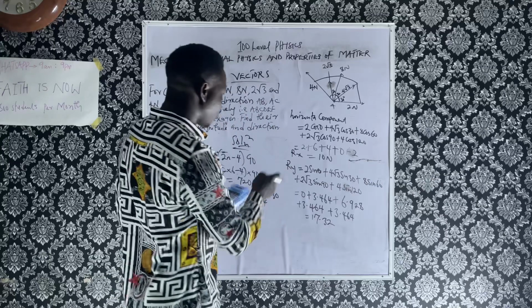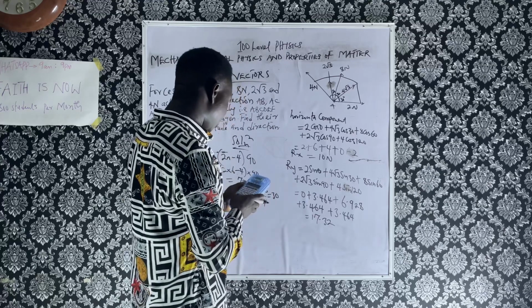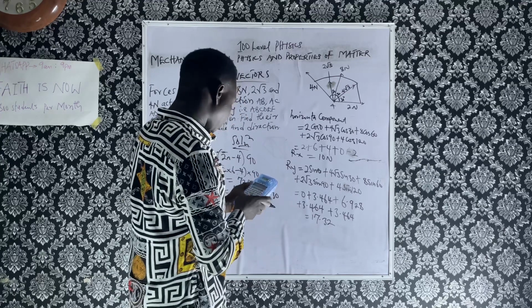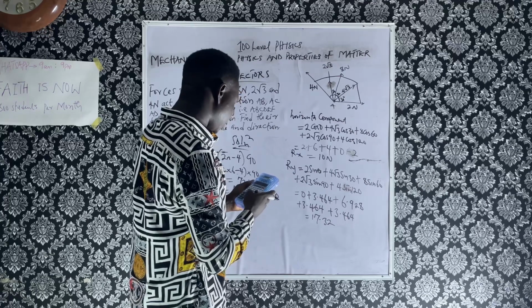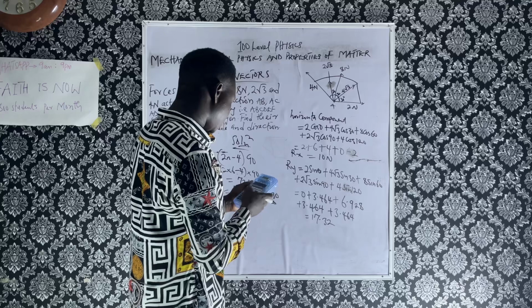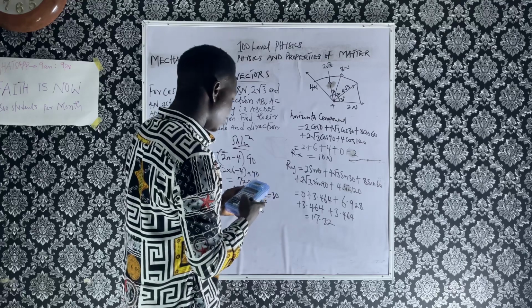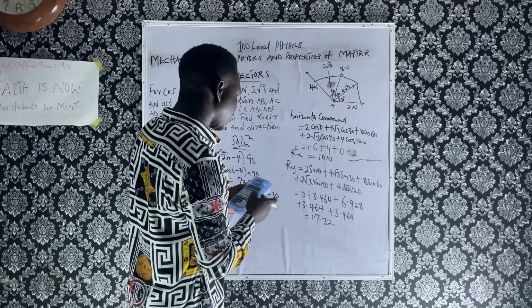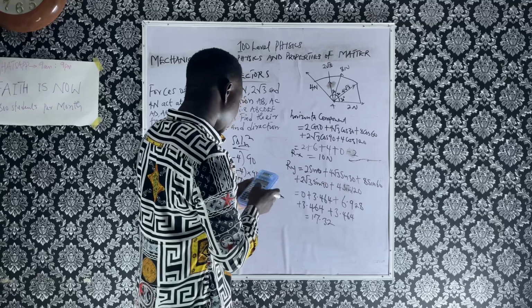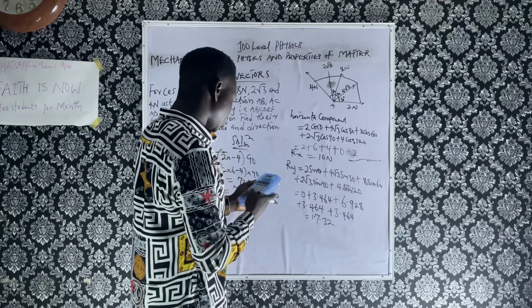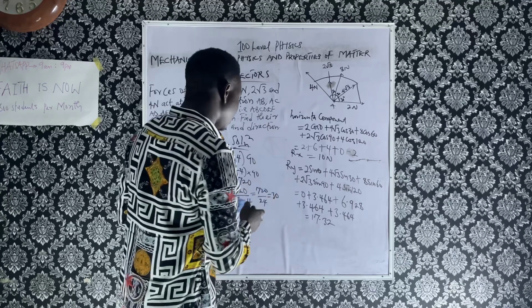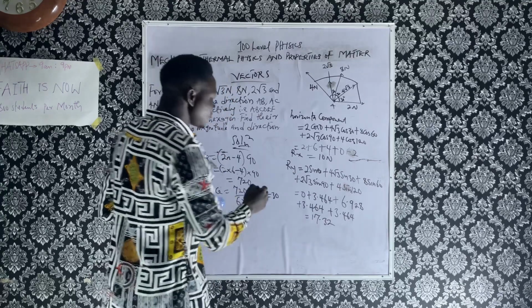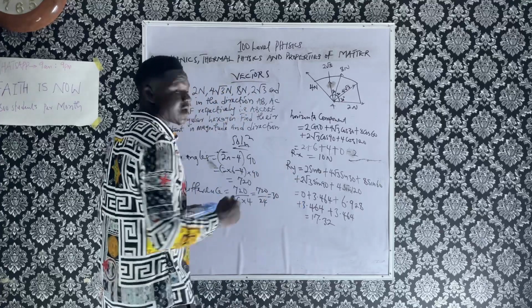Okay, just to do a check, 2 times 0 is 0, 4 root 3 times sine of 30. Okay, correct. Okay, that's 8 sine 60. Okay, this is correct. Now we've gotten our Rx and our Ry.